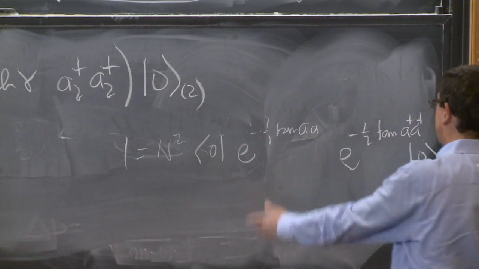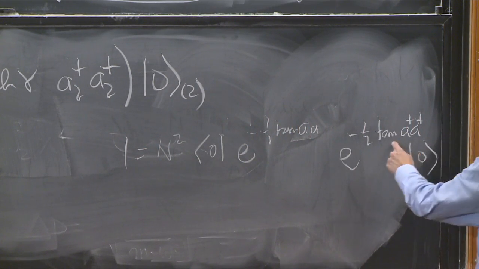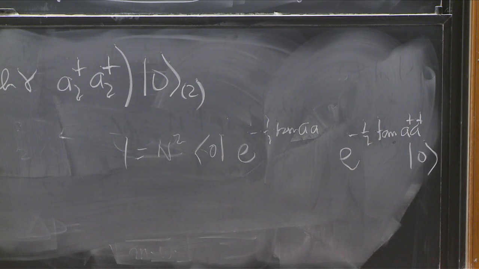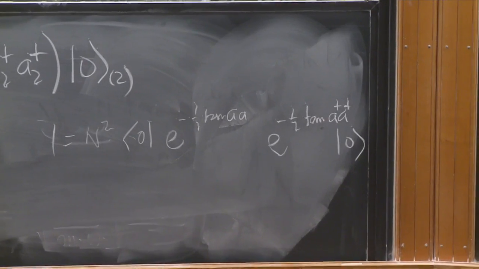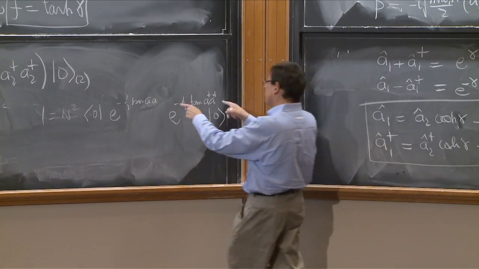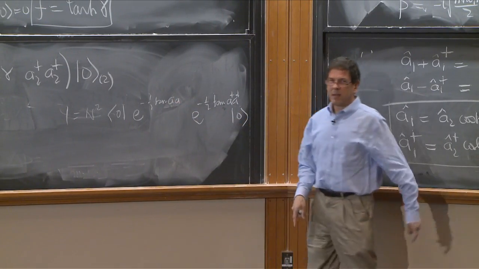N squared times that. The problem is that I've never been able to compute this. At least it takes a long time, and you get it by indirect methods. But getting the number out of this is painful.